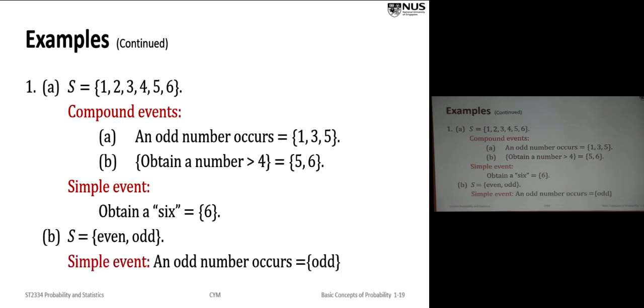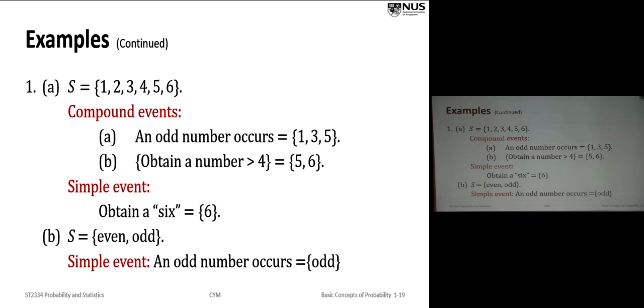So for the second one, there are only 2 outcomes, even or odd. If you are interested in odd, it's a simple event. If you are interested in even, it's also a simple event. I have to stress: if I throw the die and get a number 2, what's the outcome?